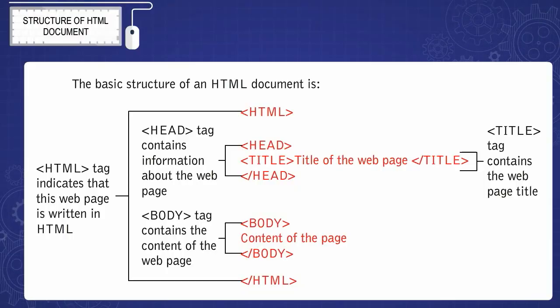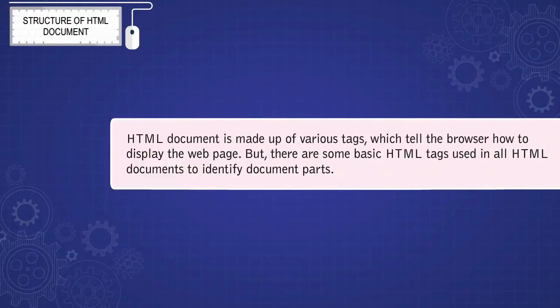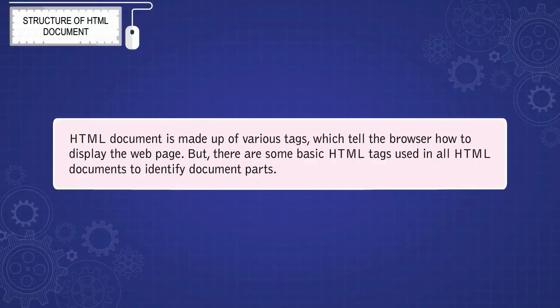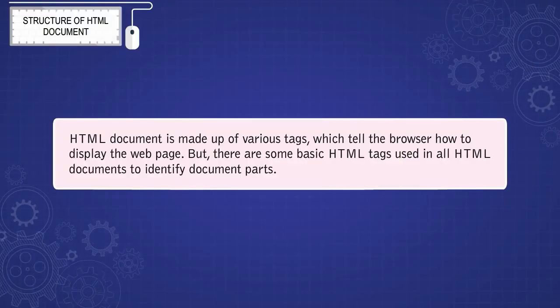Body tag contains the content of the web page. HTML document is made up of various tags which tell the browser how to display the web page, but there are some basic HTML tags used in all HTML documents to identify document parts.